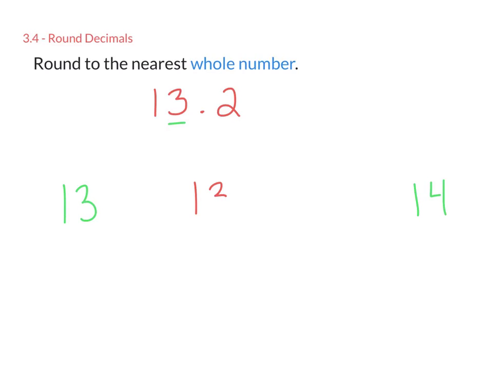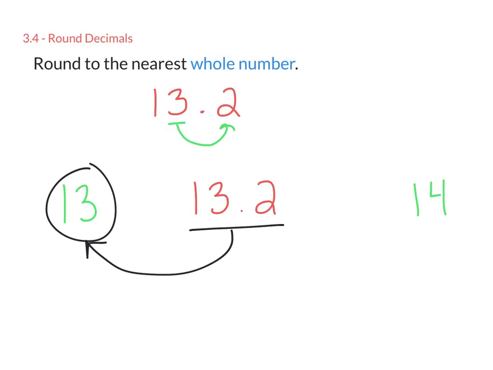It's greater than 13, but it's less than 14. We're trying to decide, is 13 and 2 tenths closer to 13 or closer to 14? So we're going to look one place to the right. That 2 tells us we're going to round down. So 13 and 2 tenths rounds down to 13. It's closer to 13 than it is to 14.